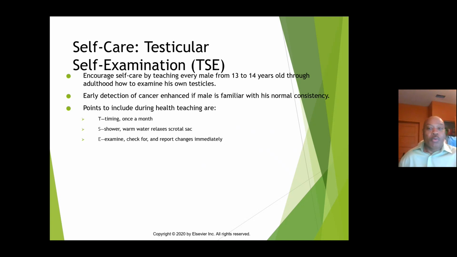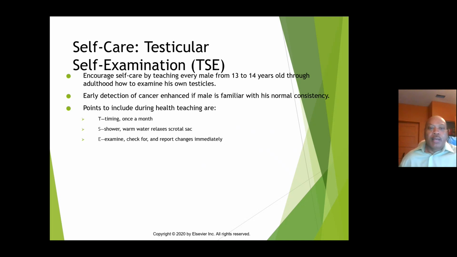So you can see why it would be really important to begin teaching these young boys just before that 15th birthday. It is associated with a history of cryptorchidism and other factors as well, and you can find that information on page 709 as well.